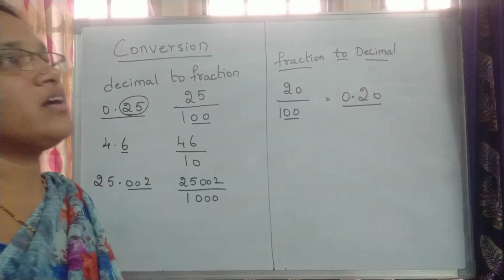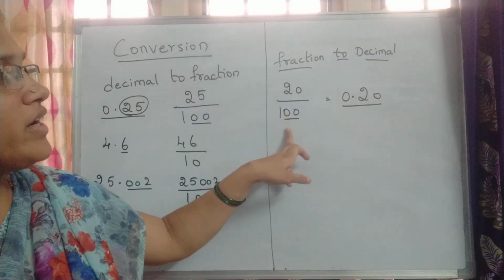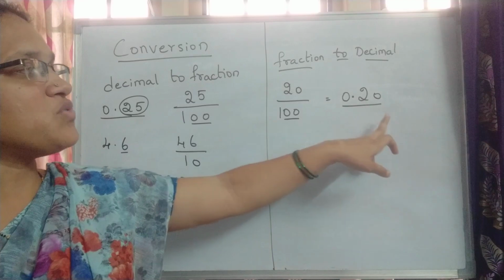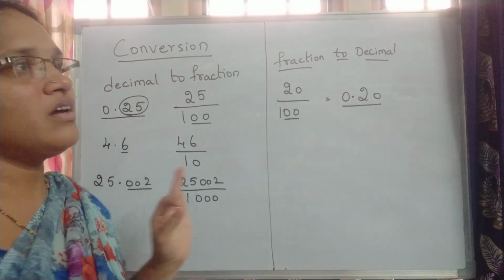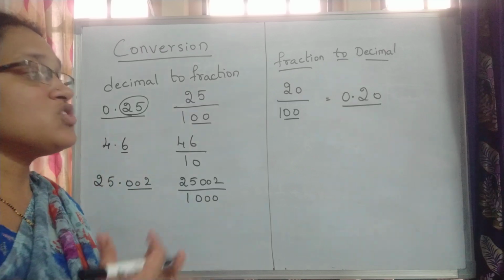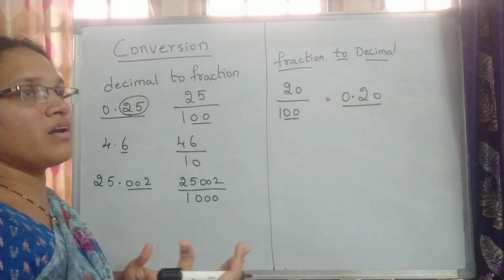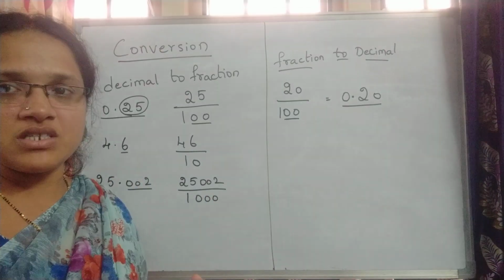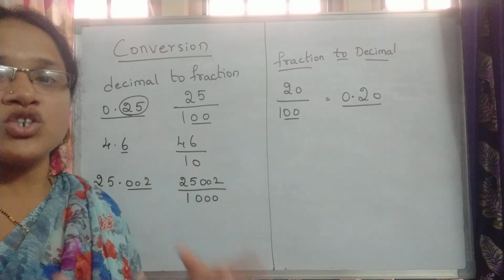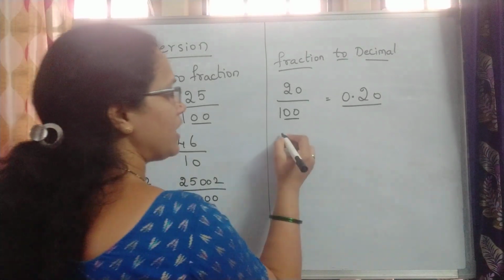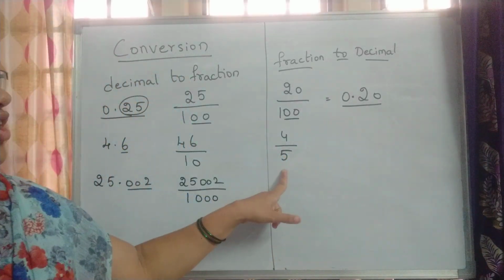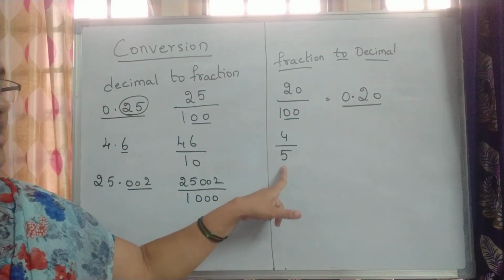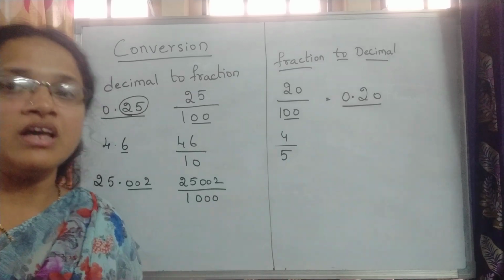You may get a doubt: here zeros are there, so we counted them and placed the decimal point, counting back 1 and 2. But if the denominator is not tens, hundreds or thousands, then what should we do? Let me take an example of that also. Let me take 5. This denominator is not tens, hundreds or thousands.